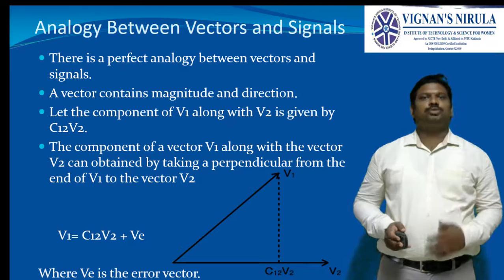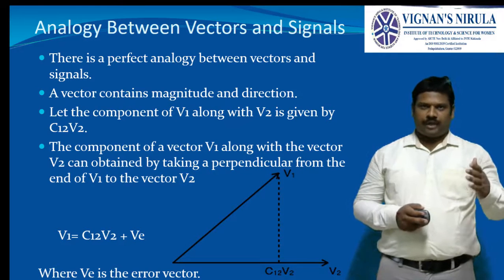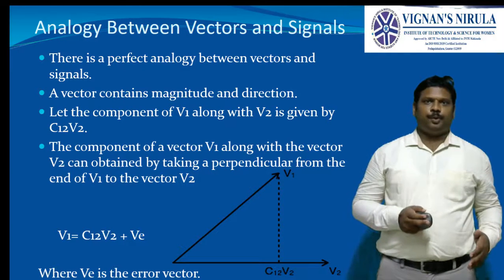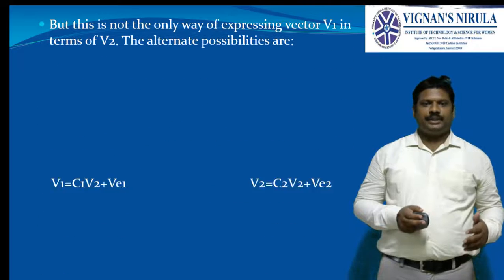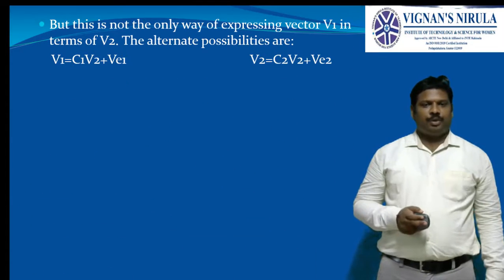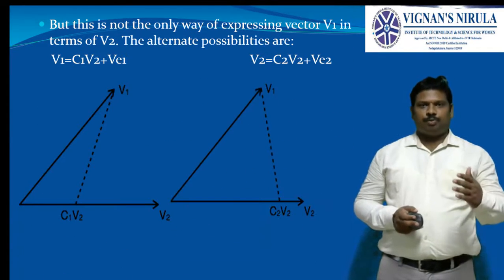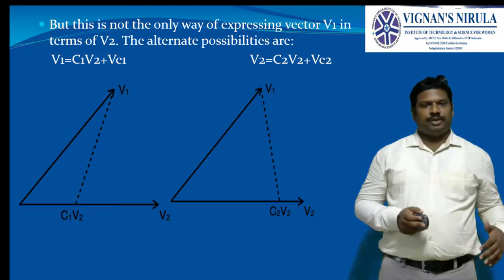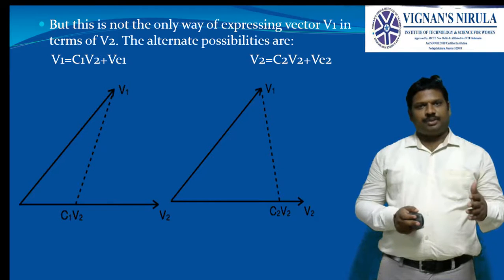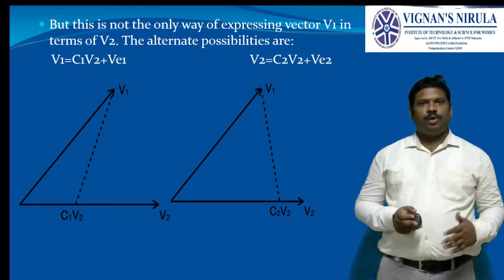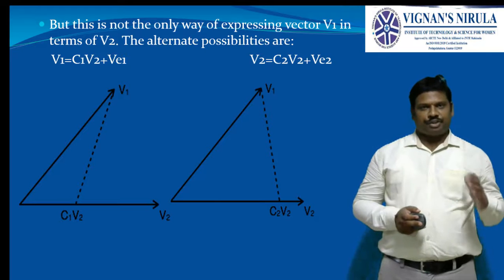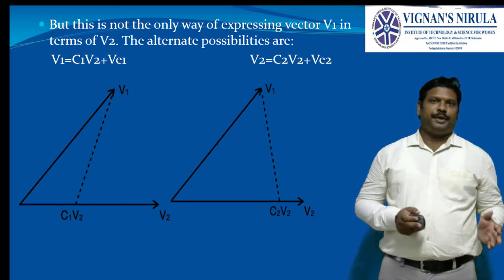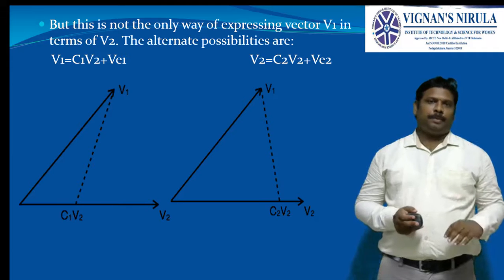There are another two possible ways of drawing the component from the vector V1 to the V2. That will be given like this. The first one is the vector which is not the perpendicular, that is C1 V2, from the V1 to the C1 V2, and similarly from the V1 to the V2 which is beyond the perpendicular. First is below the perpendicular and then one is beyond the perpendicular.